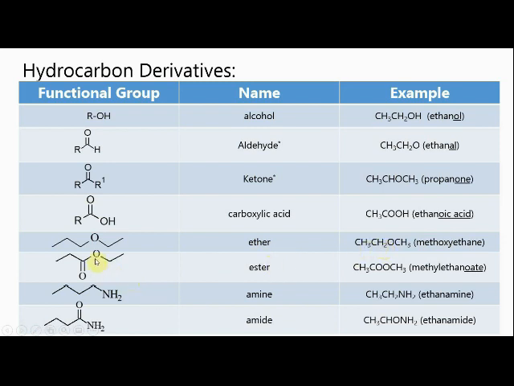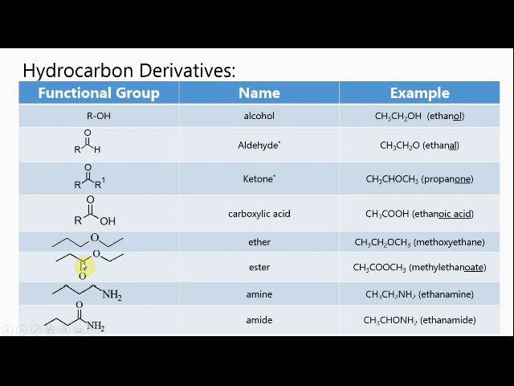When we have the ether group, but the carbon next to the oxygen has a double bonded oxygen to it, then we call that an ester. They are given the ending OATE. In this case, we take the short end and the long end.